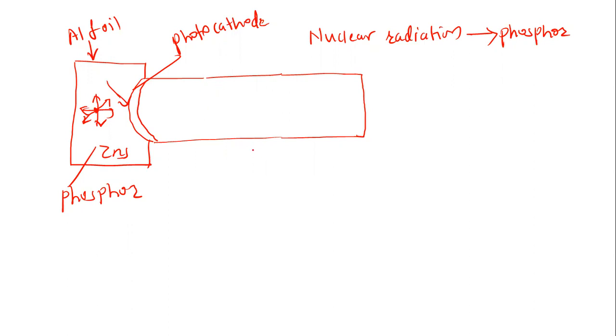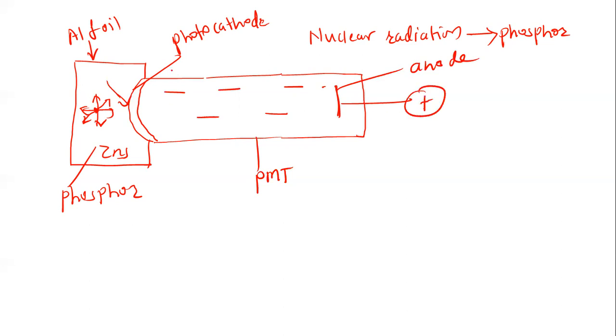Now this photomultiplier tube, PMT, consists of a series of dynodes, meaning electrodes. Such electrodes are there like this. And finally an anode is kept here. This is the anode, and it is connected to the electrometer.